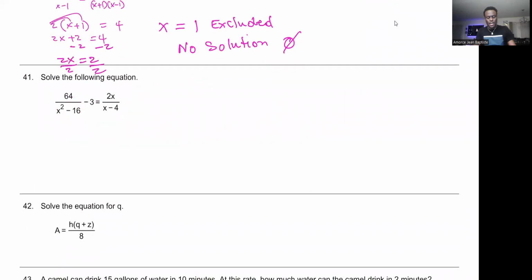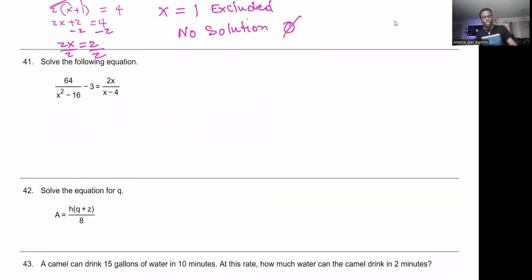Next up, we should factor first. So that is 64 over x plus 4 x minus 4 minus 3. I put a 1 to make sure that this is not without denominator. Denominator is 1, which will not affect in any way my LCD, but still, just so you remember that.